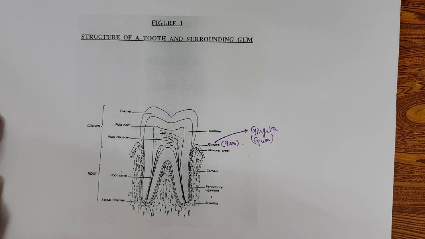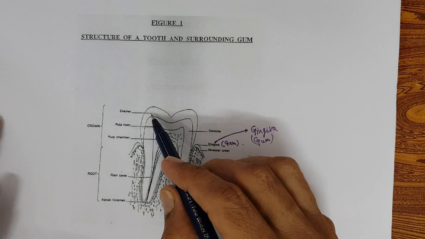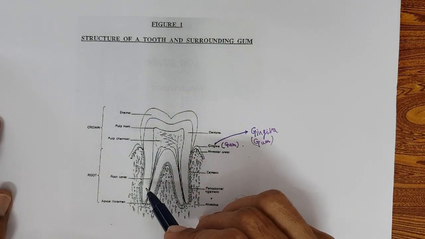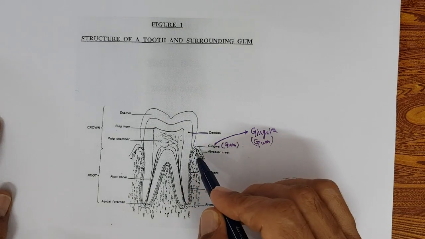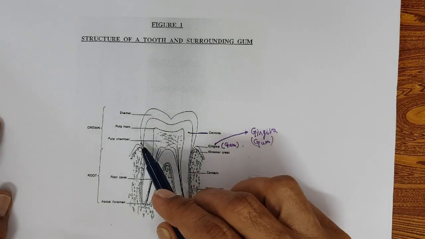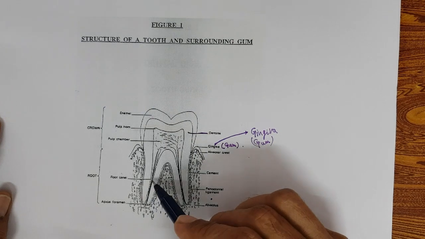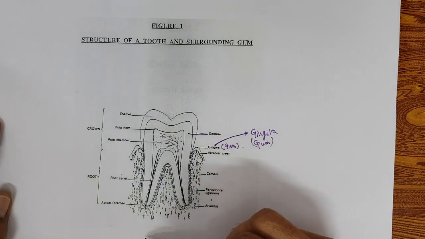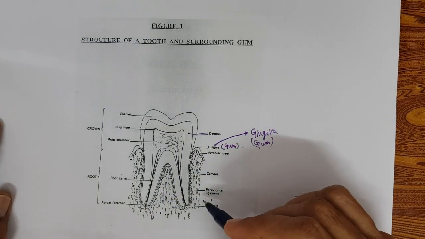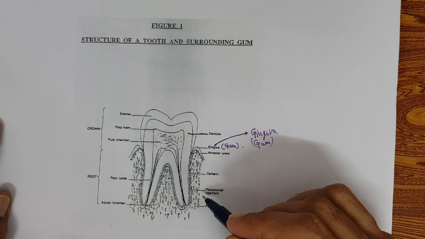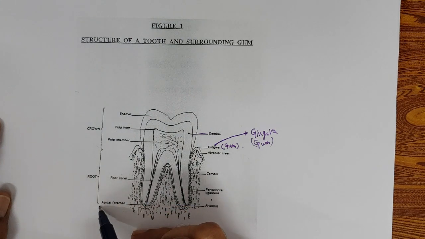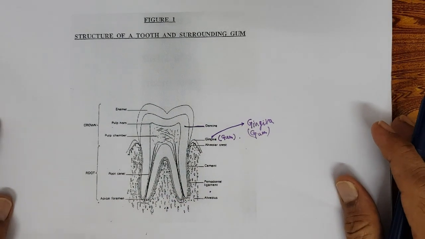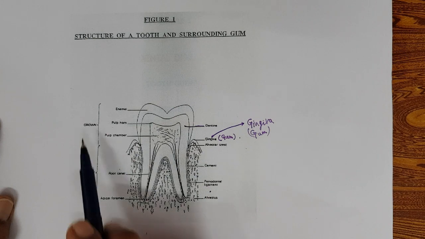The outermost layer of the teeth is enamel, then comes the dentine, then the pulp horn, the pulp chamber, the root canal. Then these are all the ligaments and the cement. Up till this it's called the crown, and up till this it's called the root. Root and the crown.